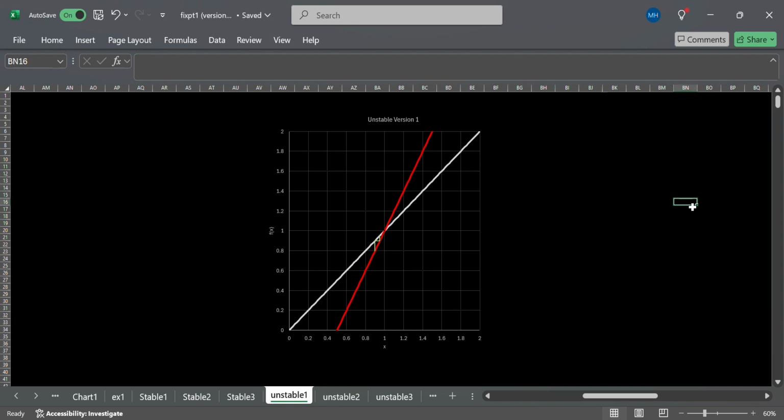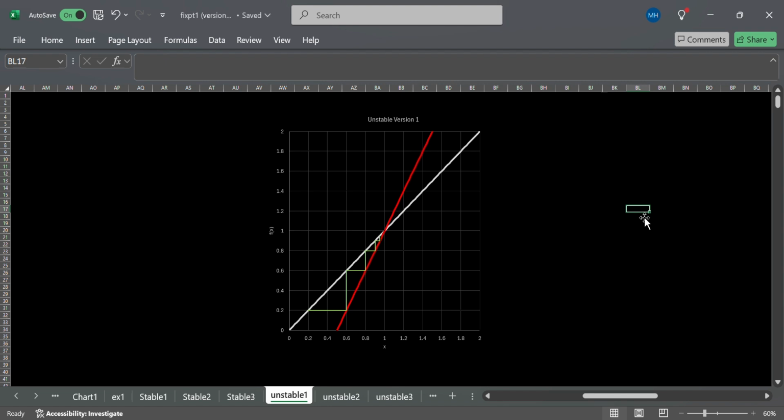It's going down and to the left, which is the wrong way to go. It's moving away from the fixed point. It's blowing up.